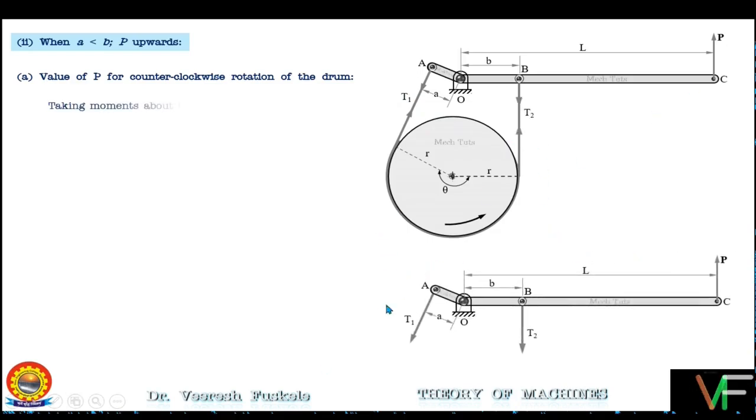Now this will be the free body diagram of the lever having forces P, T1 and T2.